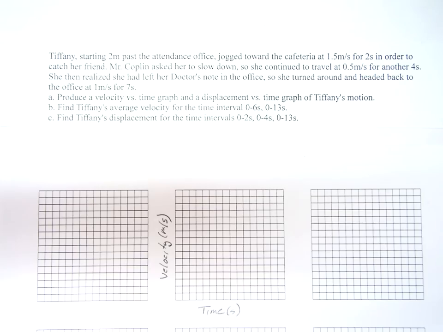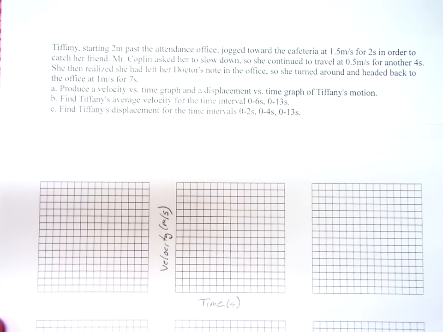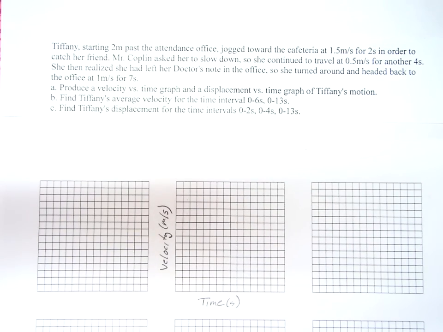difference. Right? So we have 1, 2, 3, 4, 5, 6, 7, 8, 9, 10, 11, 12, 13, 14, 15, 16 intervals in which to represent that.